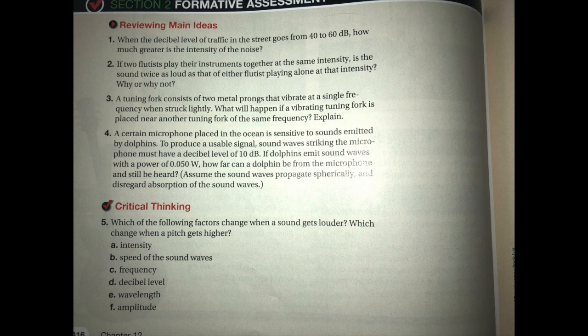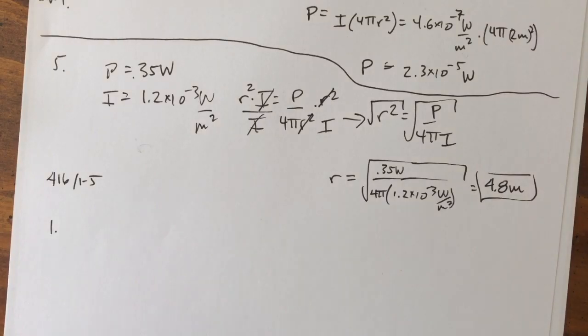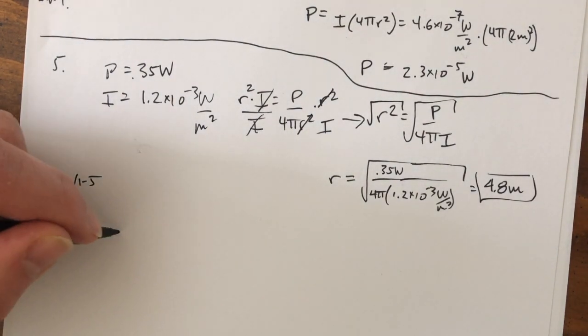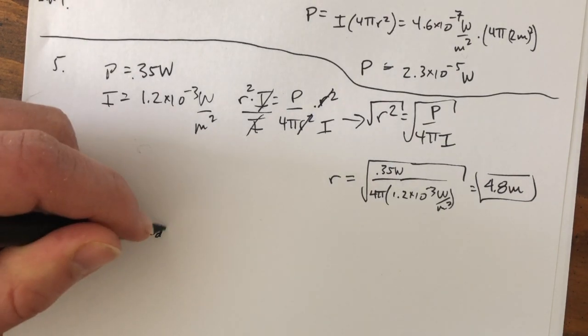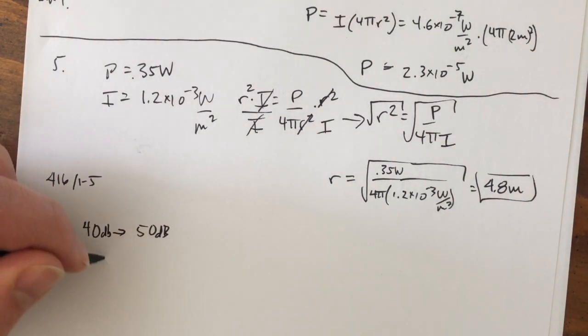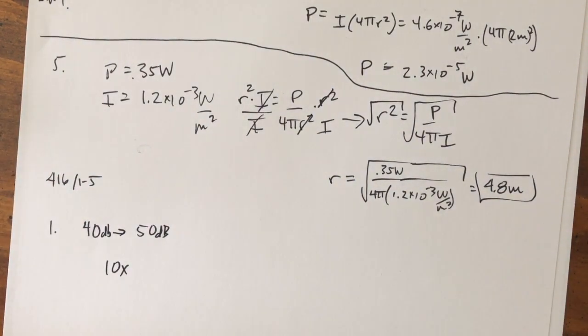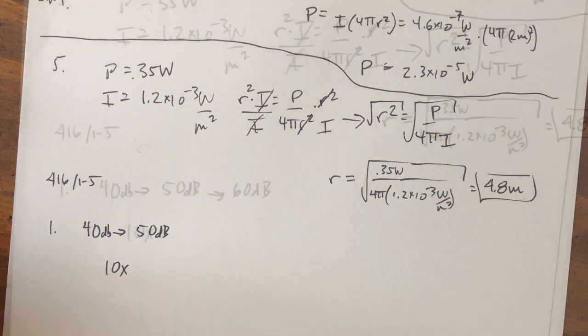So number one, on page 416, it says when the decibel level of traffic in the street goes from 40 to 60 decibels, how much greater is the intensity of the noise? And if you watch my notes from yesterday, every 10 decibels is 10 times the intensity. So if I go from 40 to 50 decibels, that is a 10-time increase in intensity.